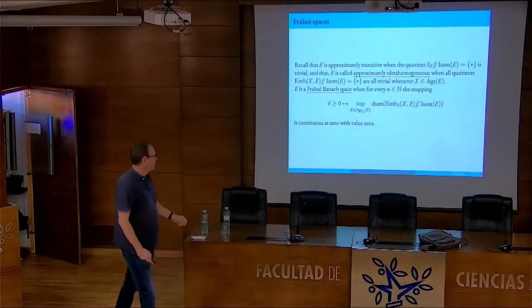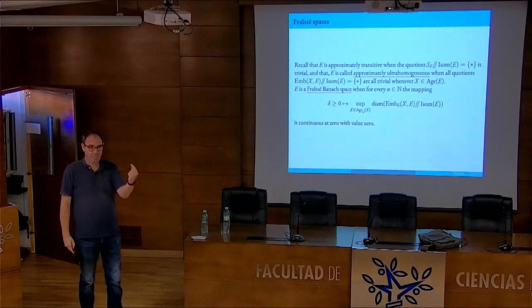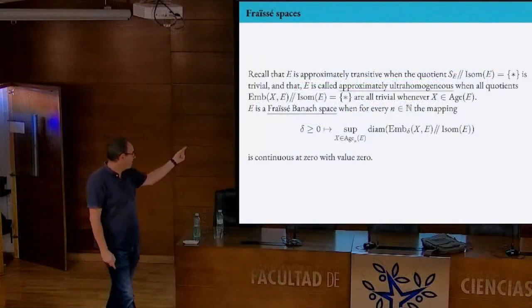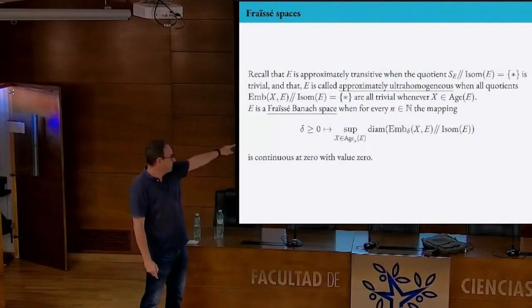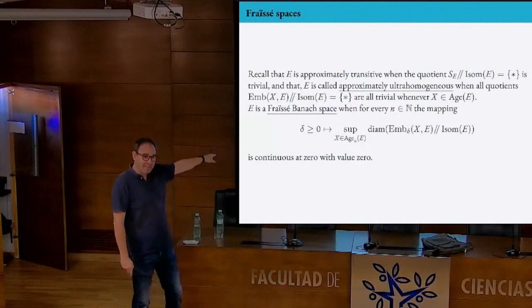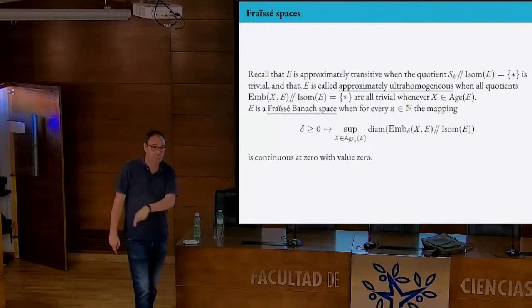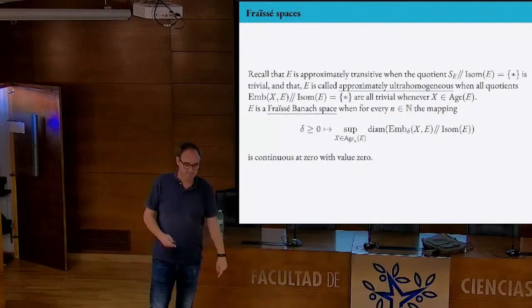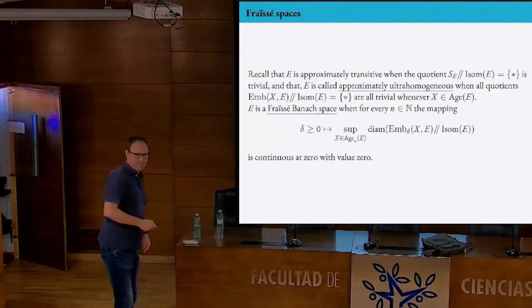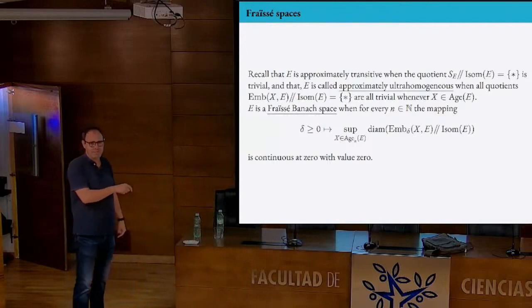So there is some number there, a restriction of this diameter that has to do with delta. What I am asking is that if delta goes to 0, this number goes to 0 also in a continuous way. Is it clear what I say?